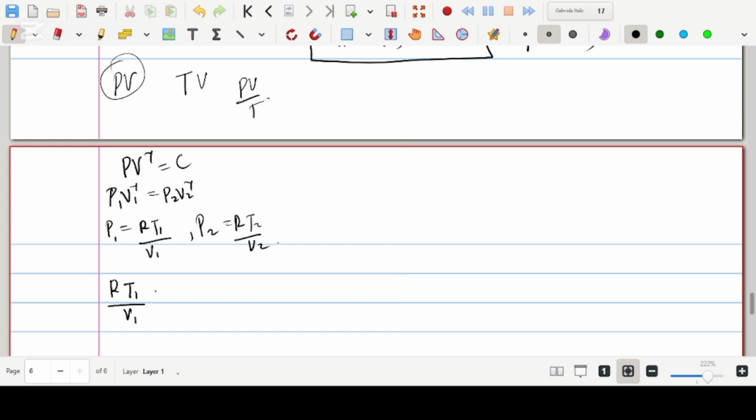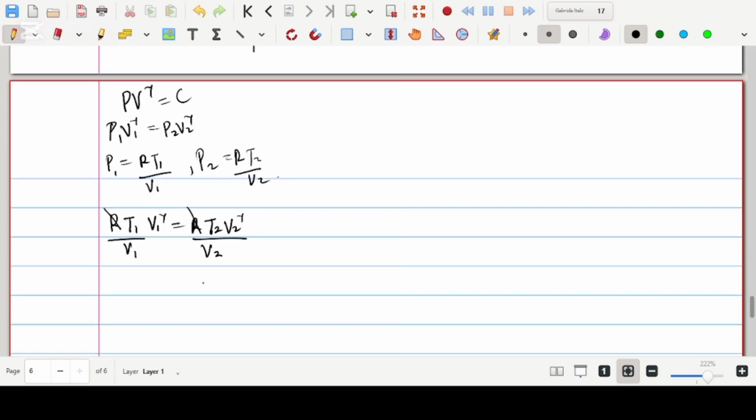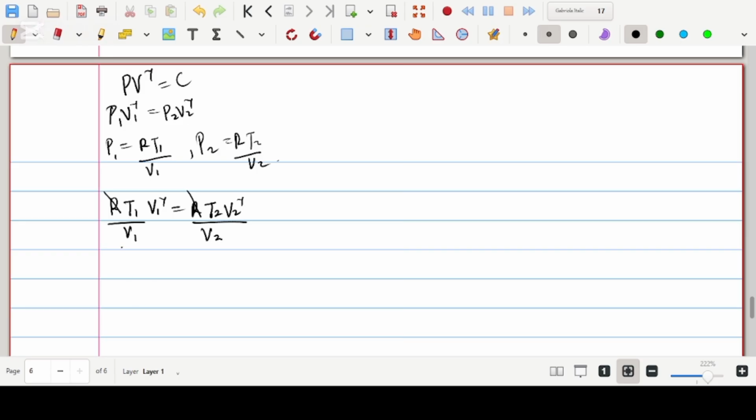Is that taken? Then multiply by V1 gamma is equal to RT2 V2 gamma over V2. You can see this, we cancel this. That's what I was trying to explain the other time. So here I will finally have T1 V1 raised to gamma minus 1 equal to T2 V2 raised to gamma minus 1. This is another equation.